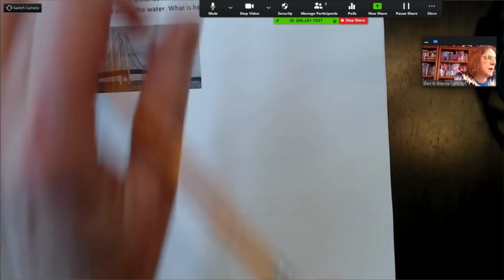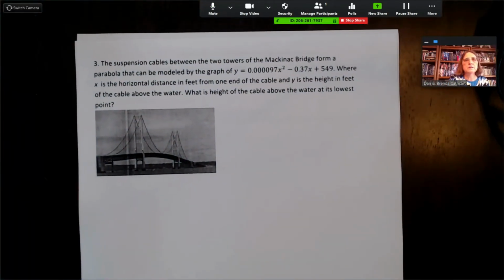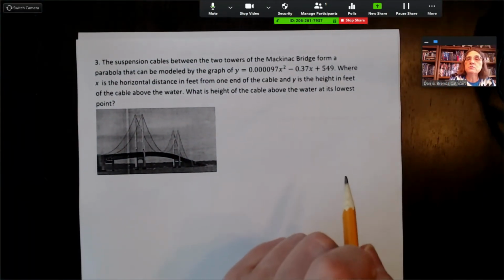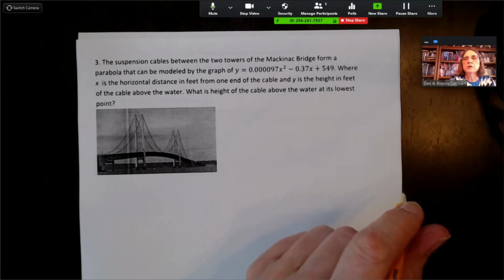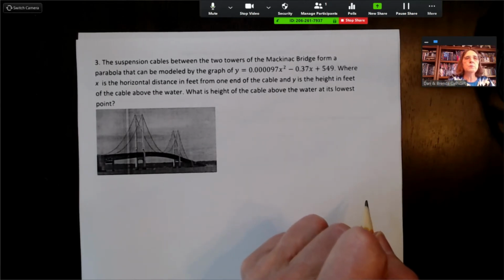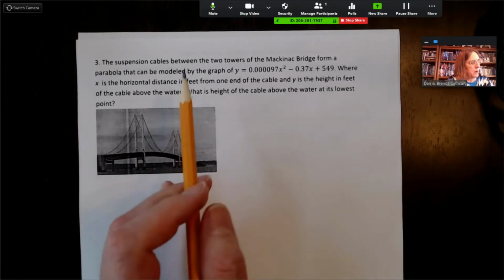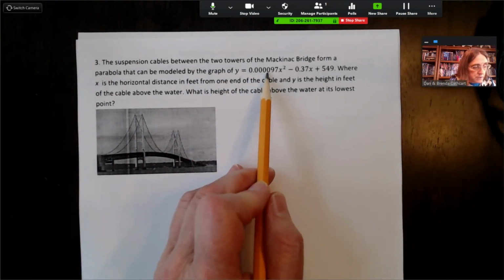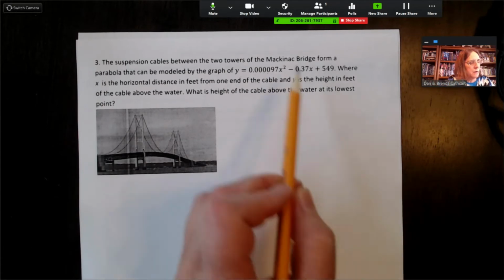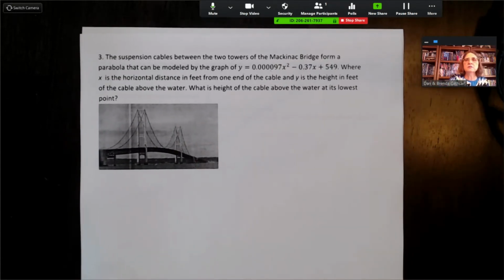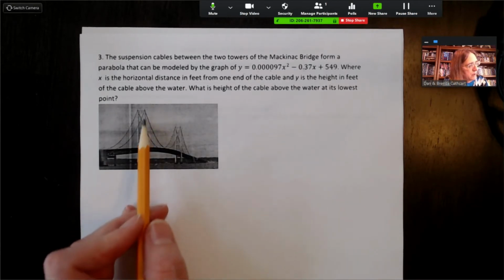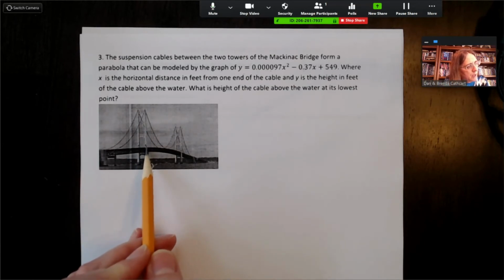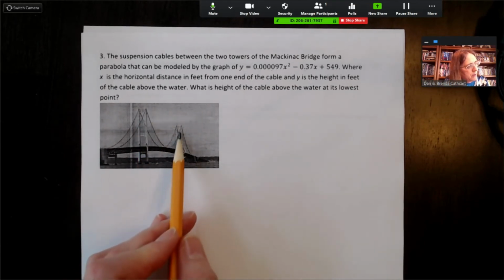Let's look at an application of this. It says the suspension cables between the two towers of the Mackinac Bridge, I think that was in Michigan, form a parabola that can be modeled by the graph of y equals 0.00097x squared minus 0.37x plus 549. X is our horizontal distance in feet from one end of the suspended cable, and y is how high the height is.